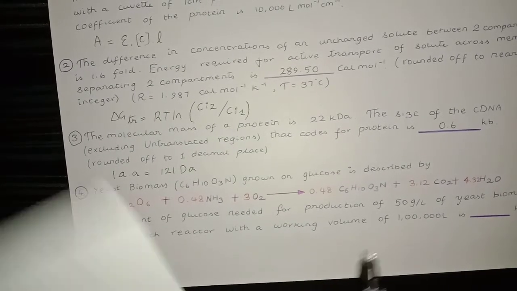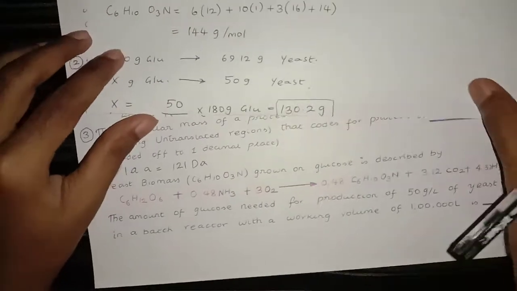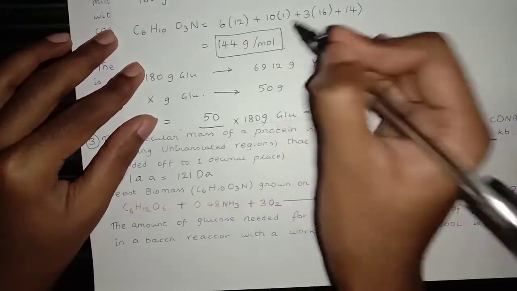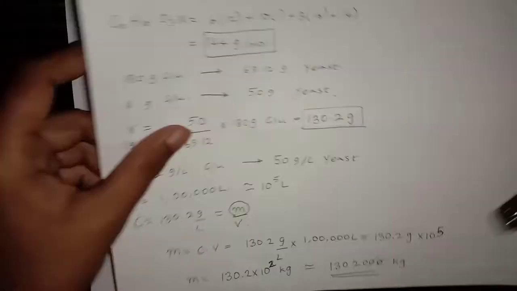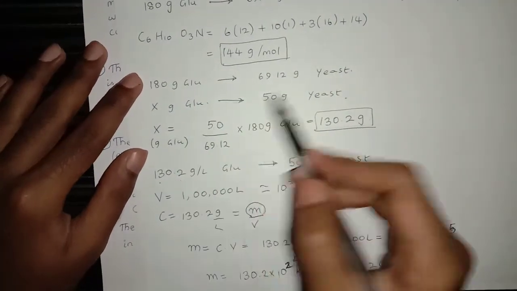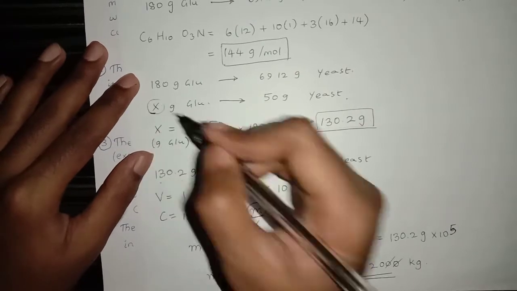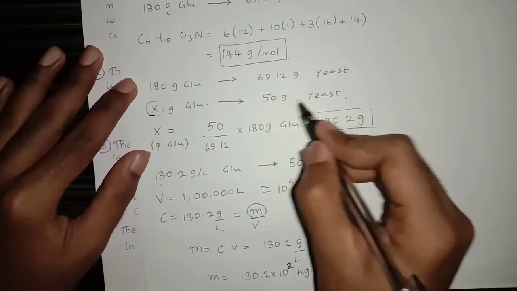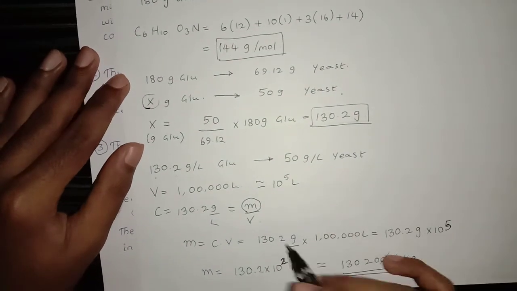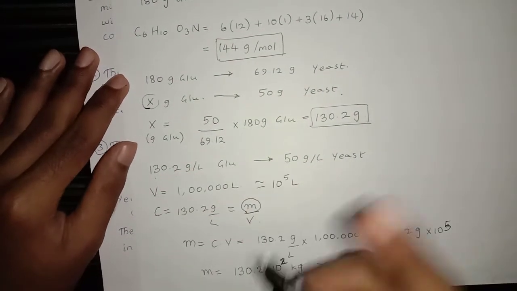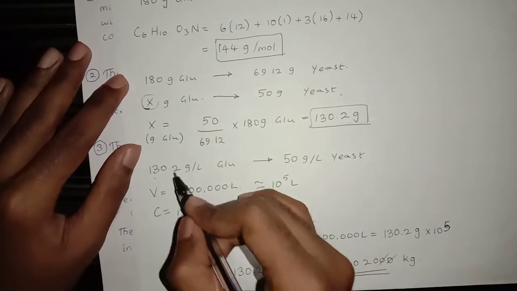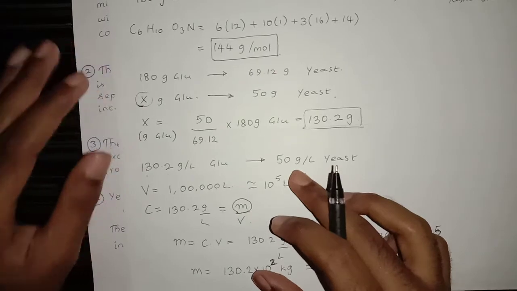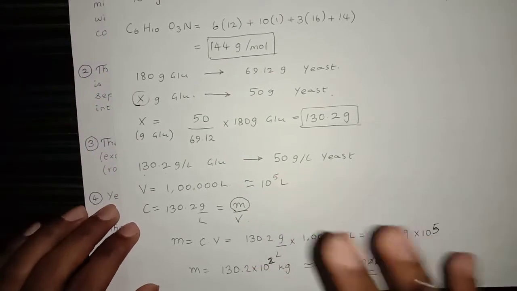And for the yeast biomass, we found the molecular mass of yeast, and we found the grams of glucose that is required to get 50 grams of yeast. And assuming a basis of 1 liter, we found that nearly 130.2 grams per liter concentration of glucose is essential to get yeast of concentration 50 gram per liter.